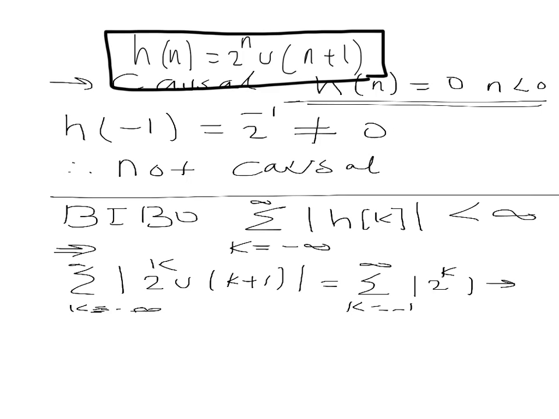It gives us infinity, which is not absolutely summable, and this is not BIBO stable. We can conclude this, it's not BIBO stable.